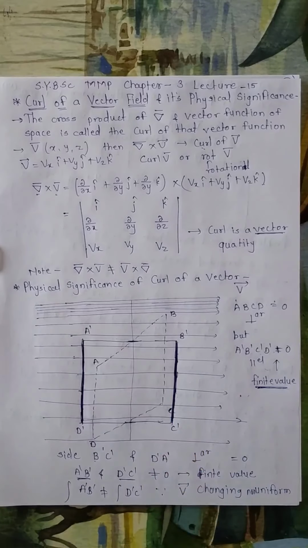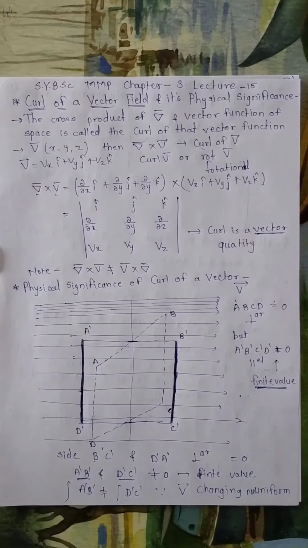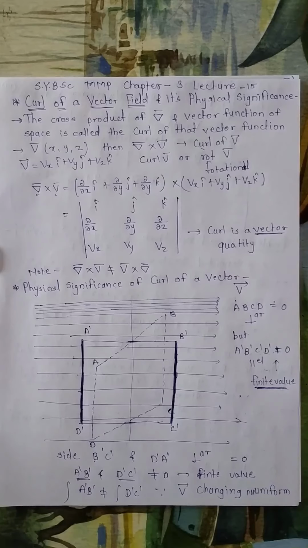This maximum line integral, which is expressed per unit area, is physically called the curl of the vector field at that point, and the direction of this curl is given by the positive normal drawn to the area when it gives the position of maximum line integral.